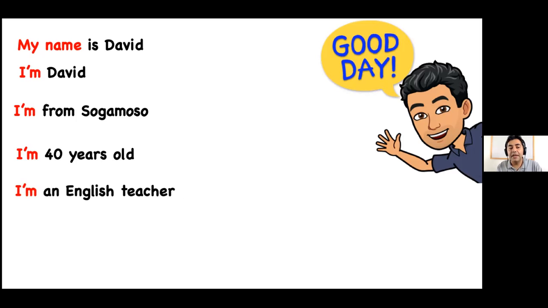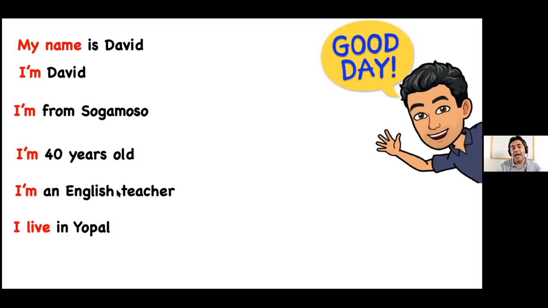The next way to introduce yourself is to talk about your profession. I'm an English teacher. And I'm using the verb to be again. I'm an English teacher. The next one, I live in Yopal.